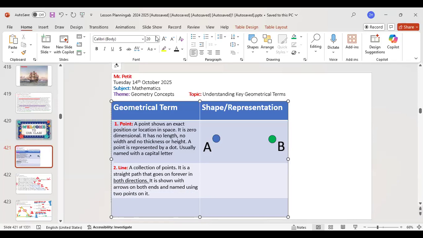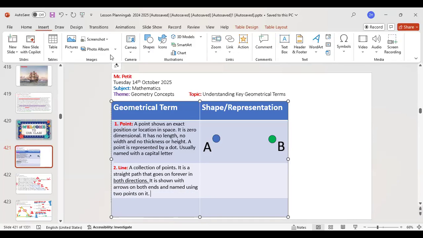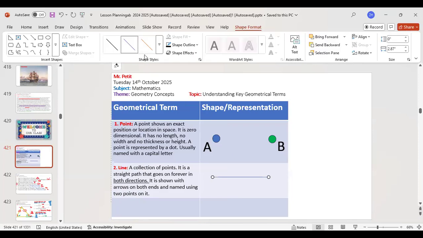For example, if we have a line like so, we have this line, right?